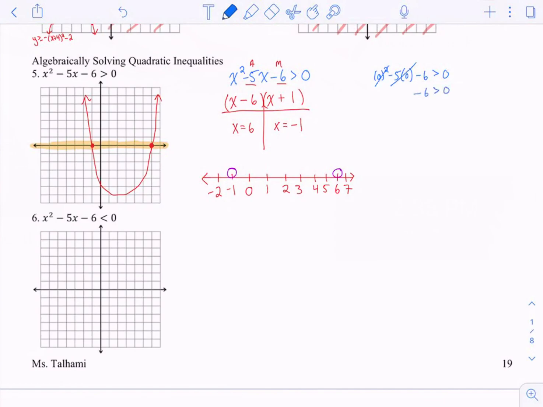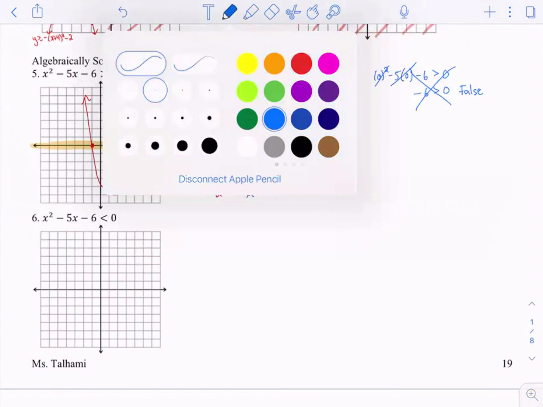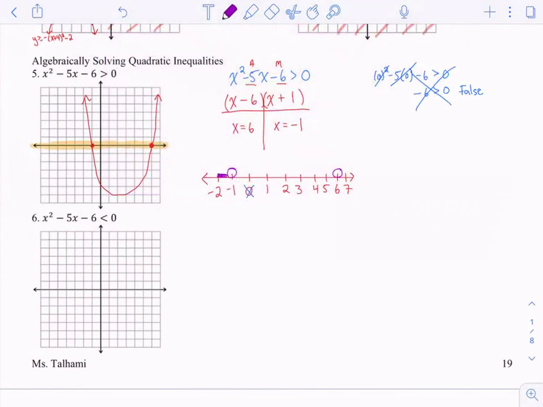Is -6 greater than 0? This is false. So since this is false, that means 0 is not an answer, which means it is not an and, but it is an or, so the outside.